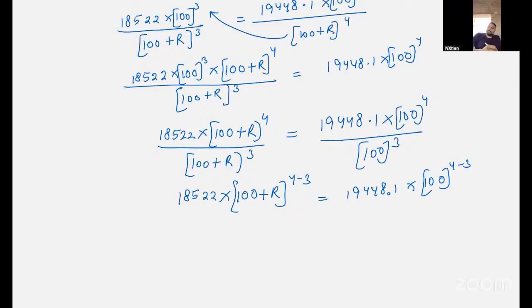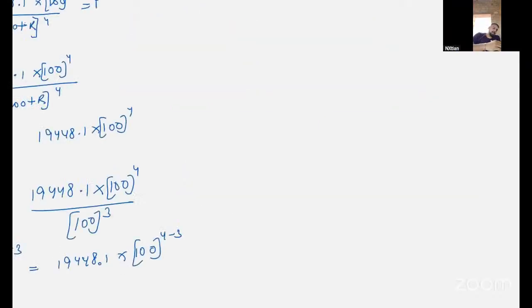Yes. So there is one concept in exponents. If the base is the same, like a to the power m and a to the power n, and the power is different, which is m and n, and they are in division form, then we can write this as a to the power m minus n.